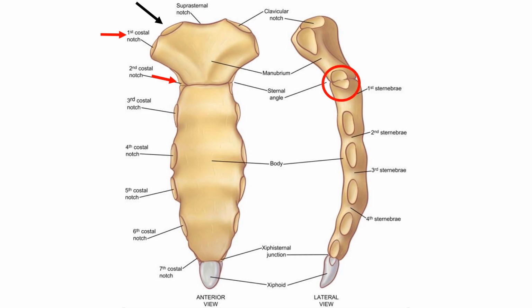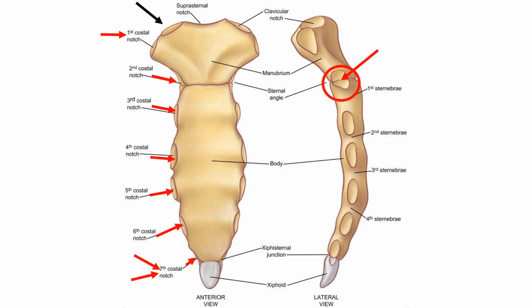Then we have on our right the articular facet for the second rib, where we can see that half of it is on the manubrium and half of it is on the sternum. Then we have a notch for the third, fourth, fifth, sixth, and seventh costal cartilage articulation.